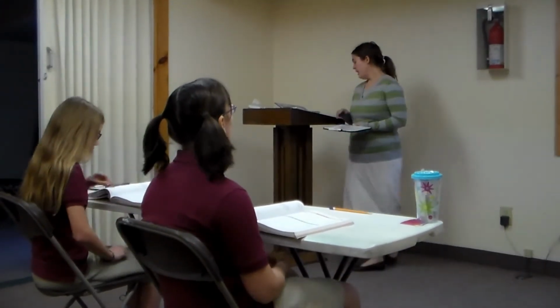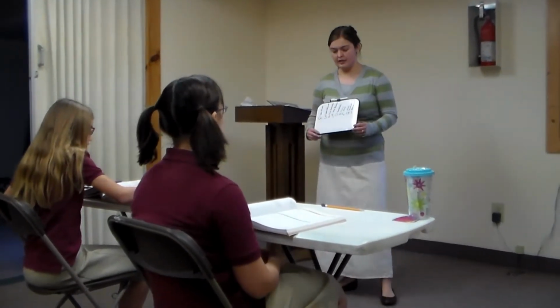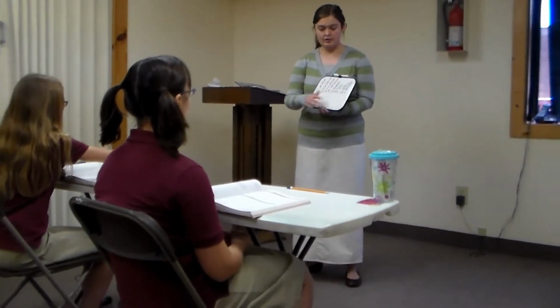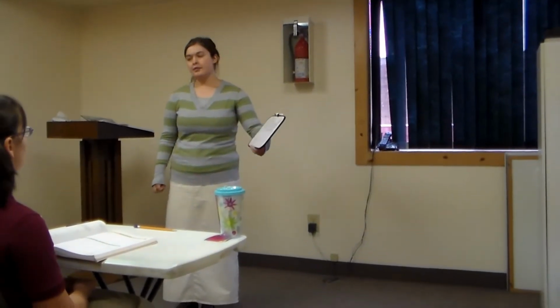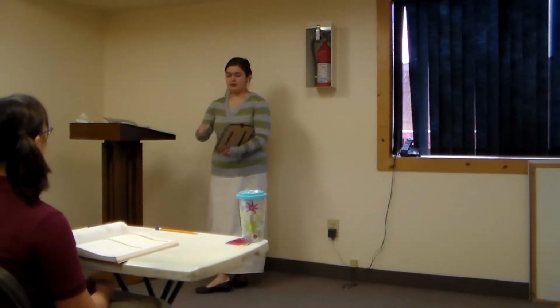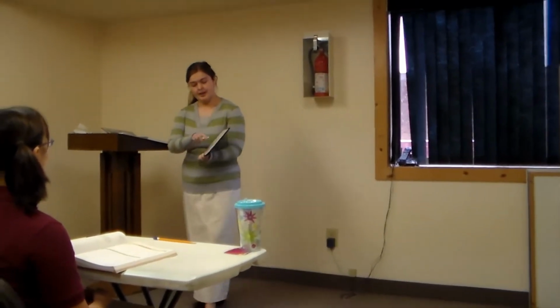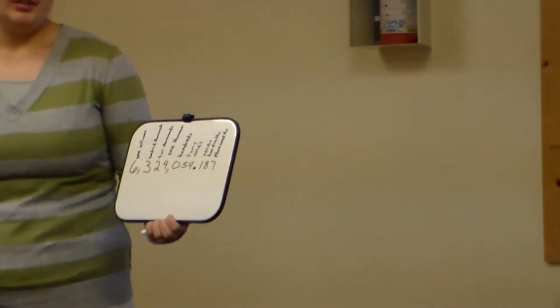And we know that our decimal can make a big difference. If we didn't have decimals, then this number could be a whole lot bigger. It could be 6,329,054,187. That's a big number. So with the decimal, we have 6,329,000.